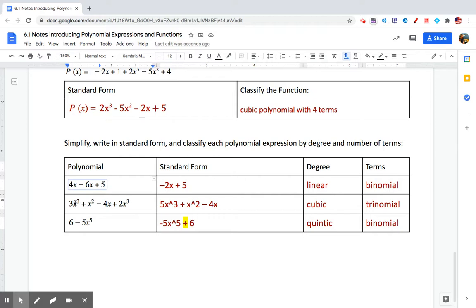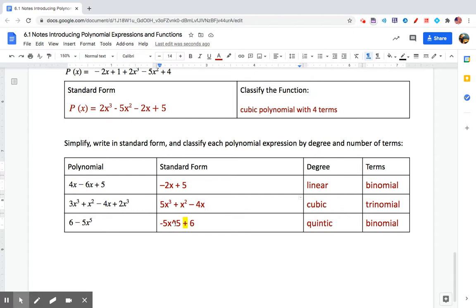Here I have cubic terms that can be combined to get 5x cubed. And then there is a single quadratic term, so plus x to the second power. And there's one linear term, minus 4x. This is a trinomial, and because it's to the third power, we say cubic trinomial.